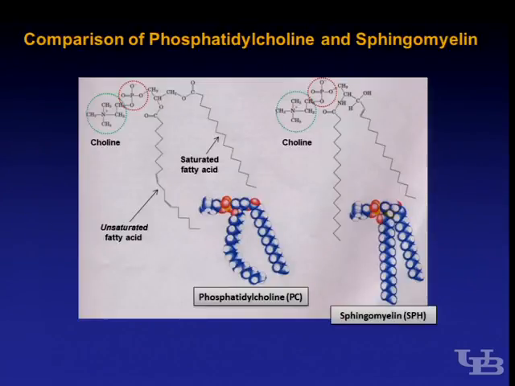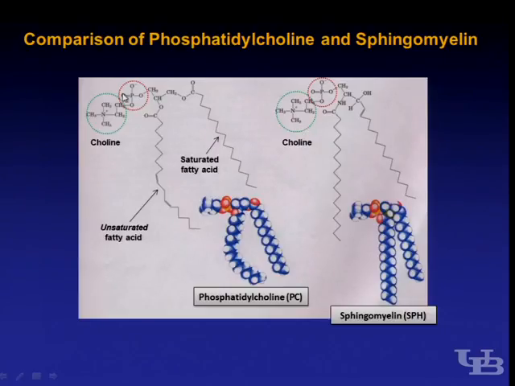All right, so when you look at sphingomyelin, which is the major sphingolipid in membranes, you should be able to see that even though it's in a different class of biological lipid, it looks a lot like phosphatidylcholine. First of all, the choline head groups are the same.